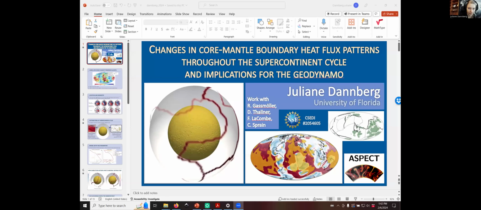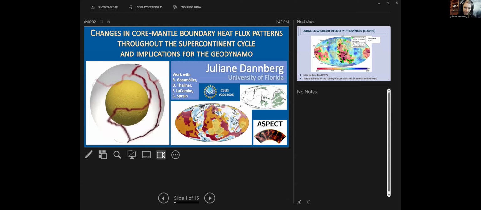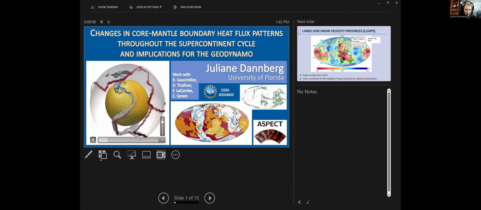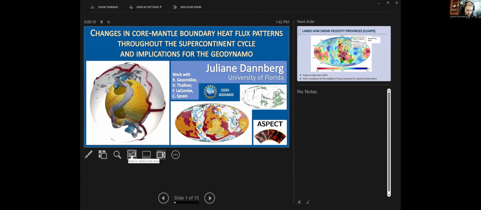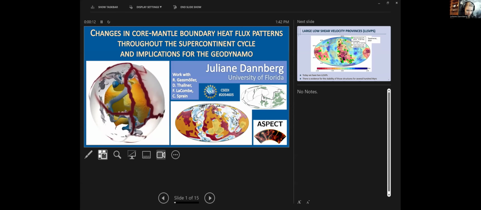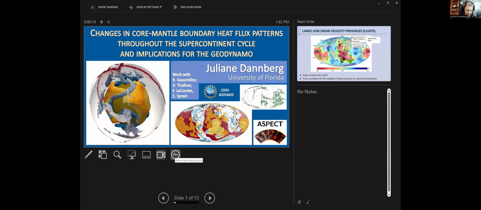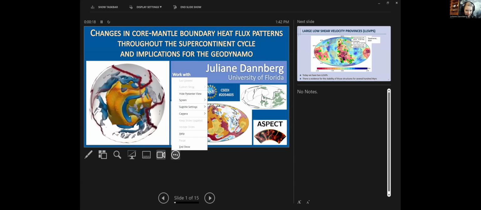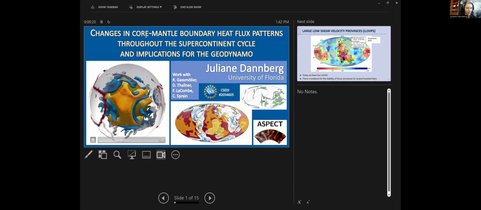Can you share the screen? Yes. Great. Well, take it away. Oh, wait, why is this presentation mode? Does someone know how I can change this to full screen?